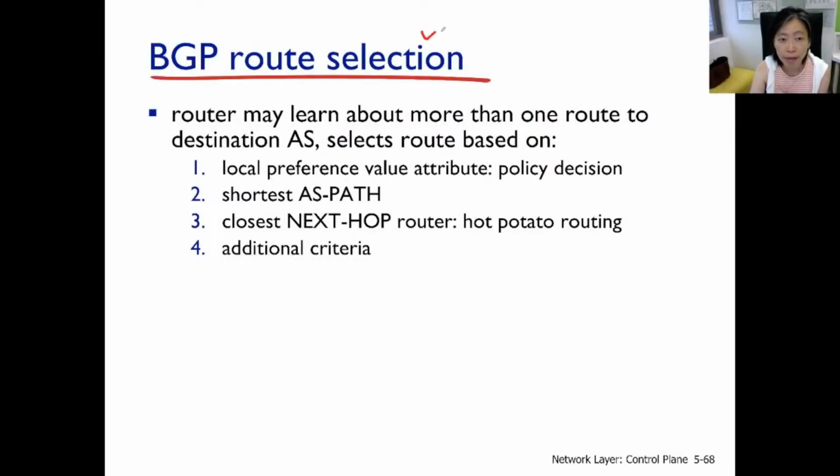Route selection. Now, this mechanism is necessary for slightly more complicated scenarios. Let's go back to example 2 again, right? We have this router, 1C, being the gateway router of AS1.